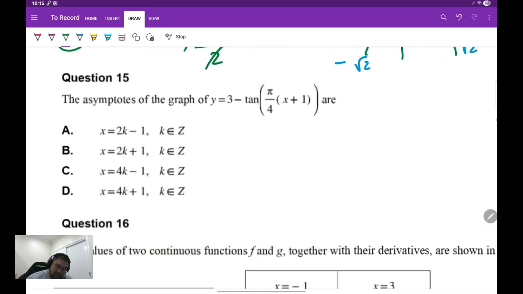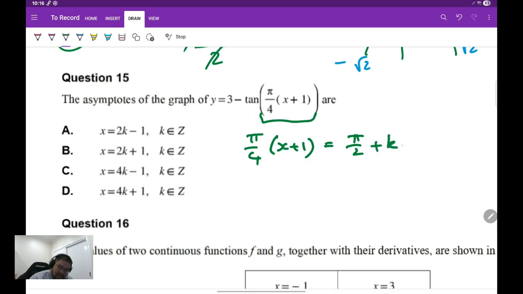Okay, the asymptotes of the graph of this are what? So, to work out the asymptotes, we take the inside of this brackets, which is pi on 4, x plus 1. Okay, and where does the asymptotes occur? We've got pi on 2 plus k pi in this case, because there's no domain.